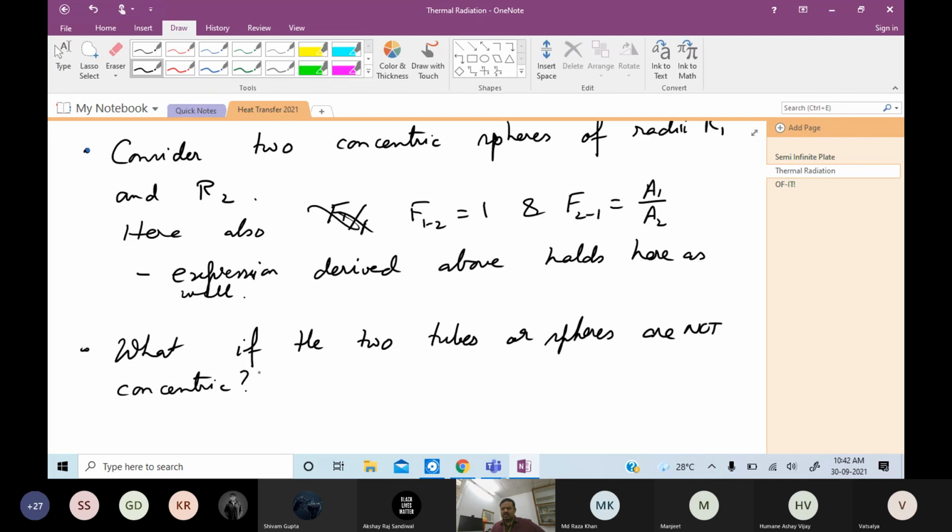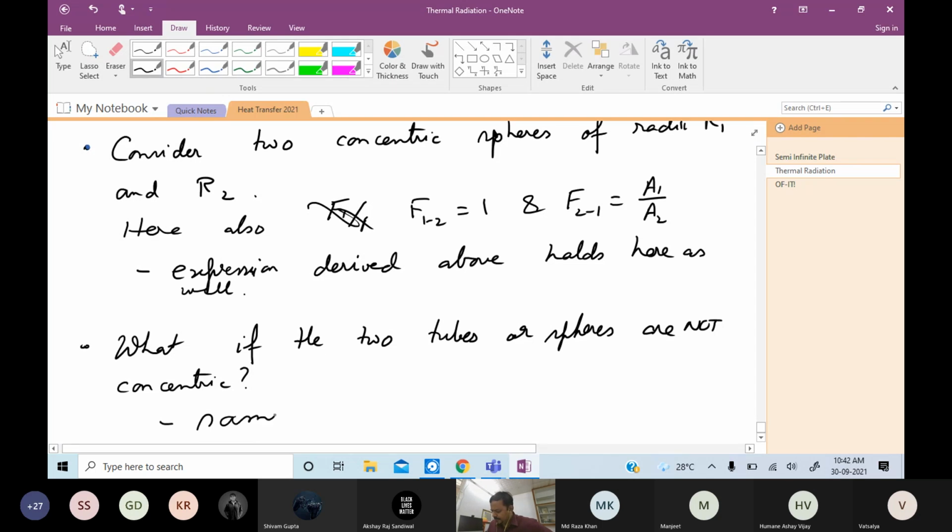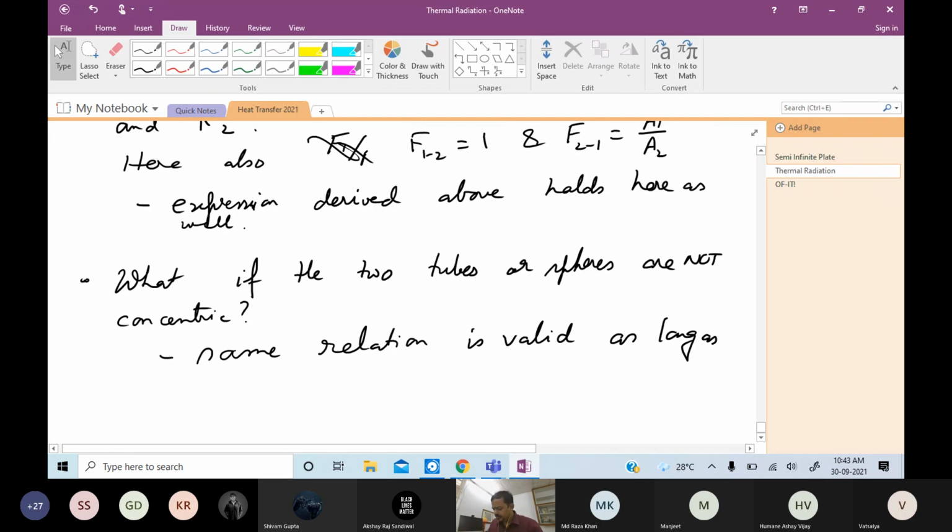Is it necessary? The same relation is valid as long as F1 to 2 is 1, and F2 to 1 is A1 by A2.